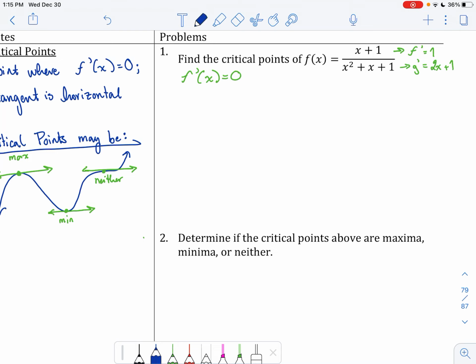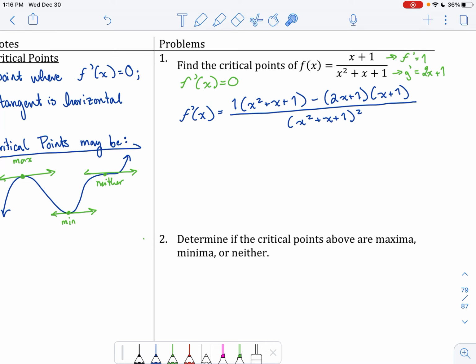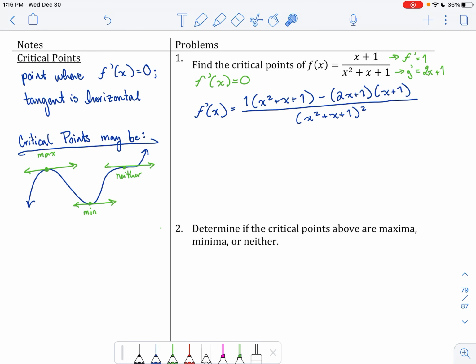So following the quotient rule, f prime g, so 1 times x squared plus x plus 1, minus g prime f, so 2x plus 1 times x plus 1, all over g squared, x squared plus x plus 1 squared, would be the full unsimplified derivative here. Now I'm just going to zoom out a little bit.